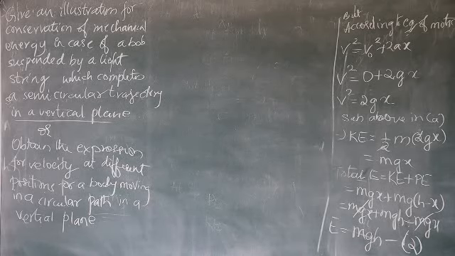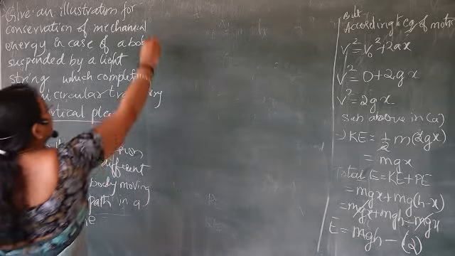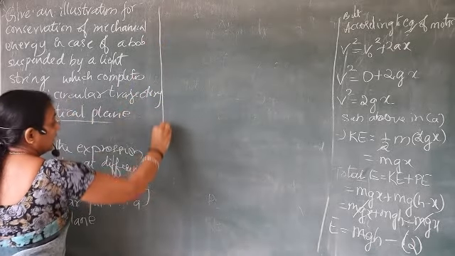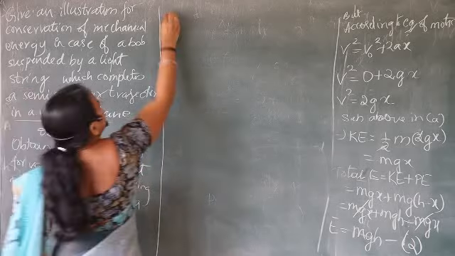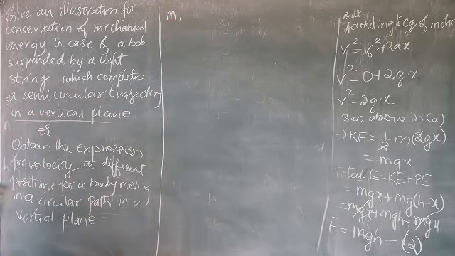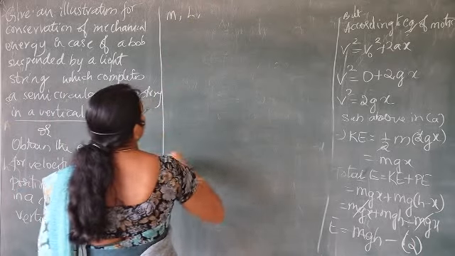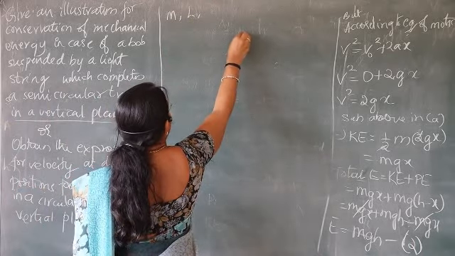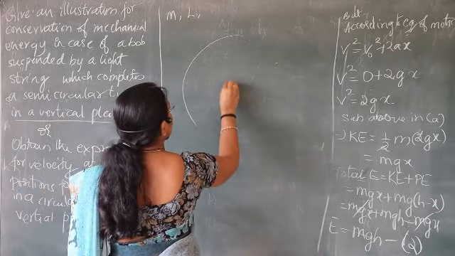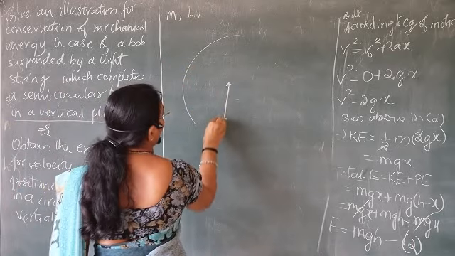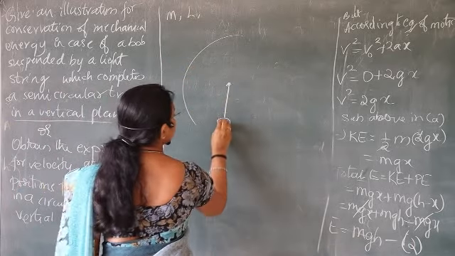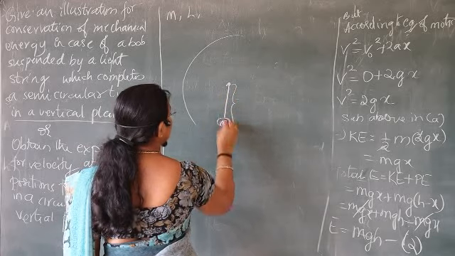Let us consider a bob of mass m suspended by a string of length L. Draw the diagram, okay?